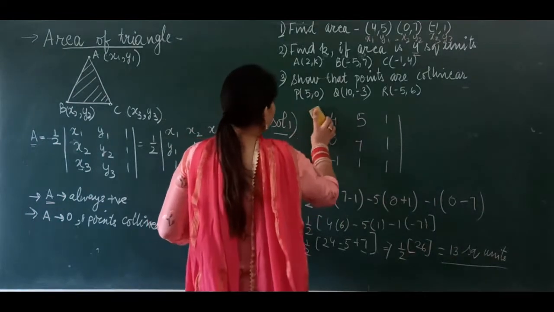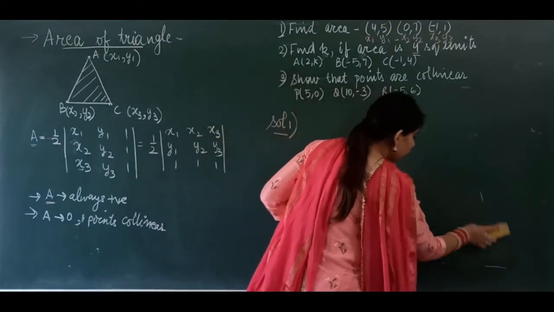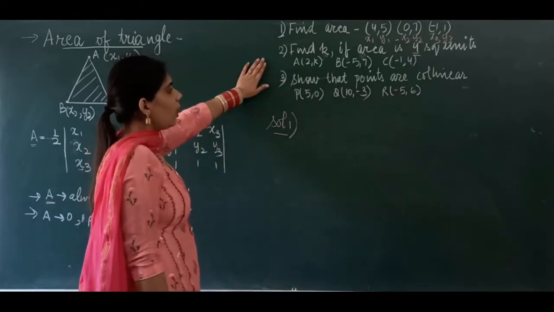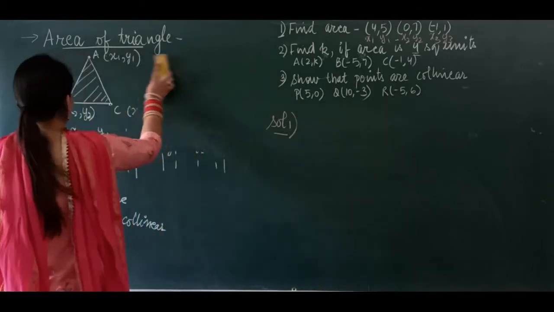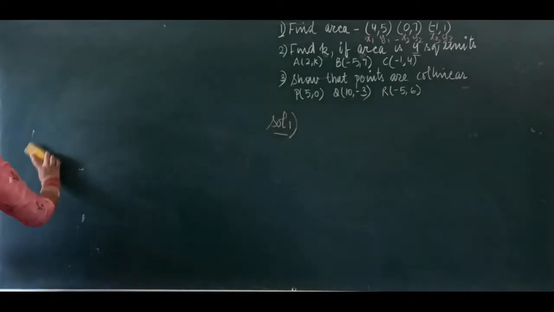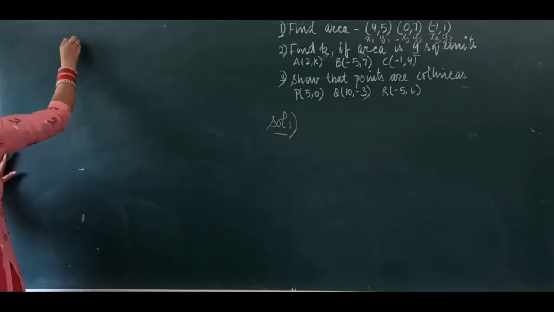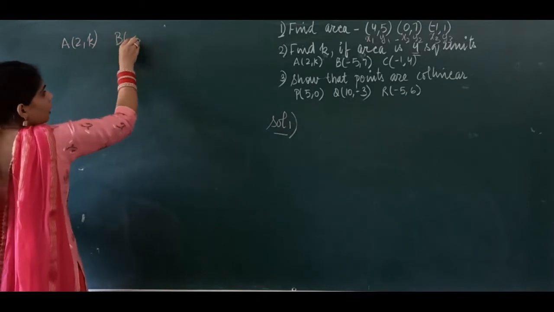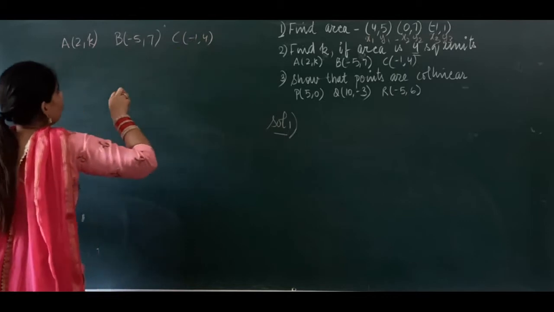So the next question says, find k if the area is 4 square units. Let's do it here. The coordinates are (2, k), (-5, 7), (-1, 4).